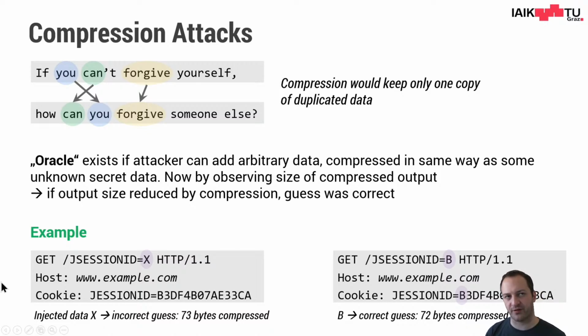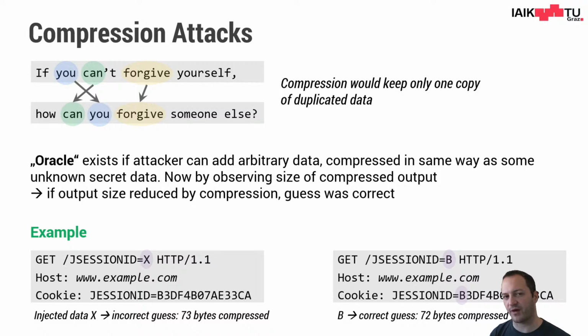The attacker just, at some point where it guesses that this might be the location where there's a session ID or so, for example guesses a session ID, tries to insert an X here, and if the original message did not yet contain this X, the guess will be incorrect. Why? Because this X will also be compressed and the overall message size will just increase. The compressed content size will increase.